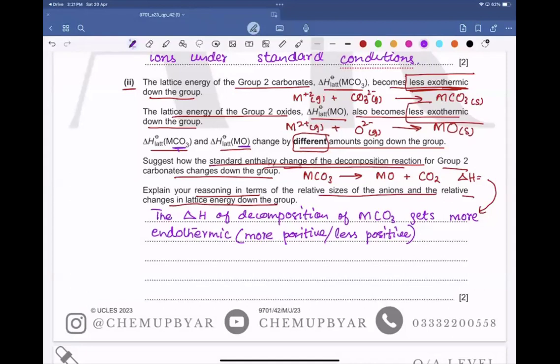One anion is carbonate. And if we see that the carbonate has, for example, this size, and the other one is an oxide ion, and it's very small, right? Till here, is this understandable to all of you?